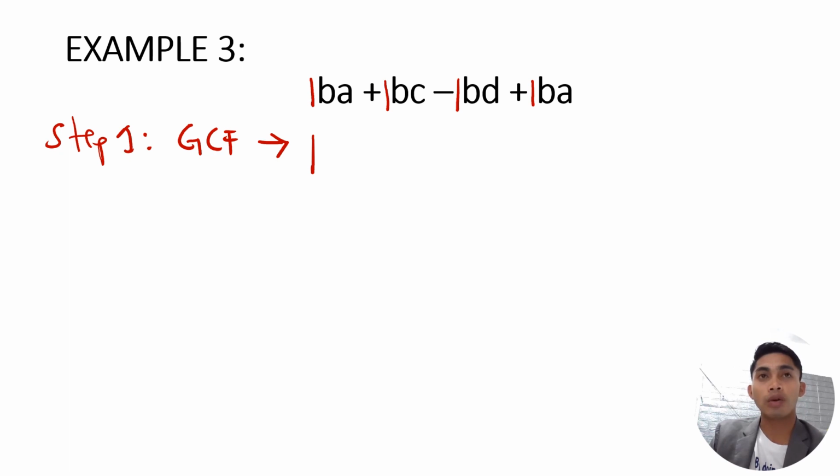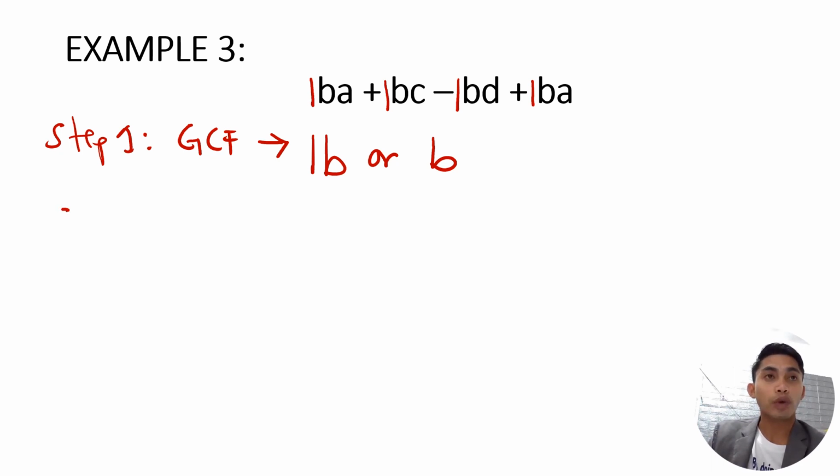So what is the common between the four terms? Letter B, letter A, letter C, letter D. So the common is letter B. So therefore, our GCF is 1B or B. So they are the same value.